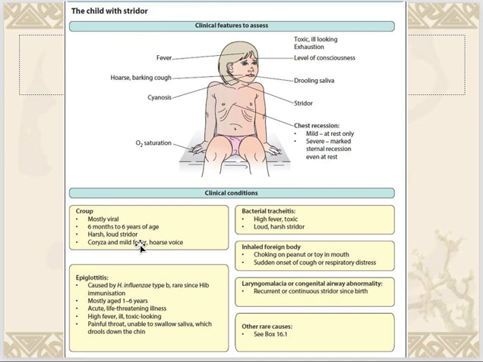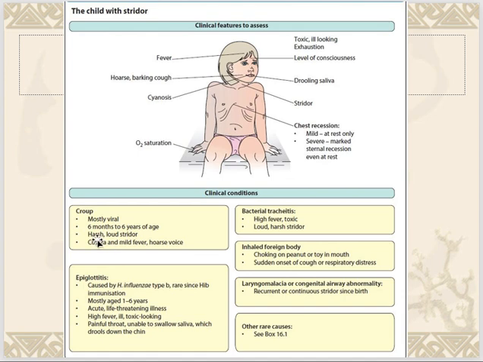And how does it present? Because it's mostly viral, the child presents with rhinorrhea or running nose, with pharyngitis, cough, with or without fever. Whenever there is fever, of course, it is very low grade. But one thing very typical is that they present with a harsh barking cough.